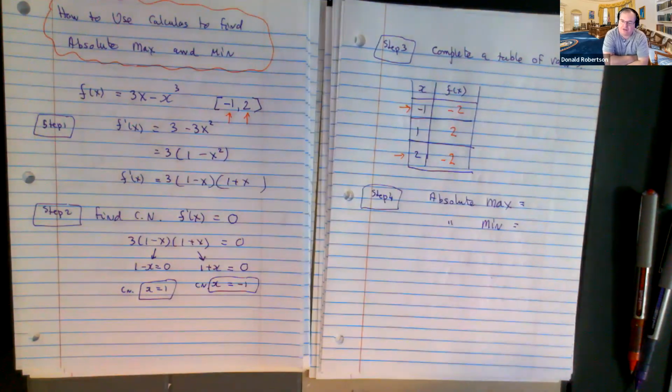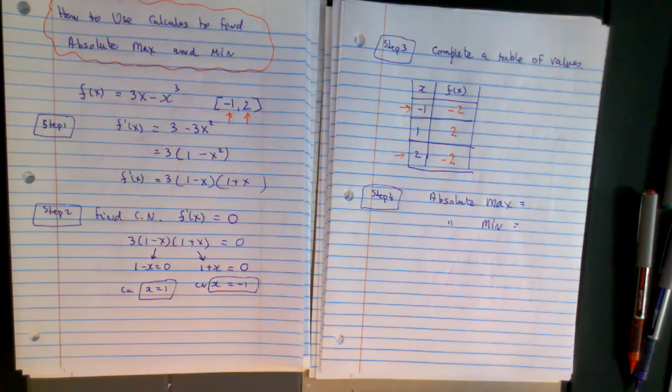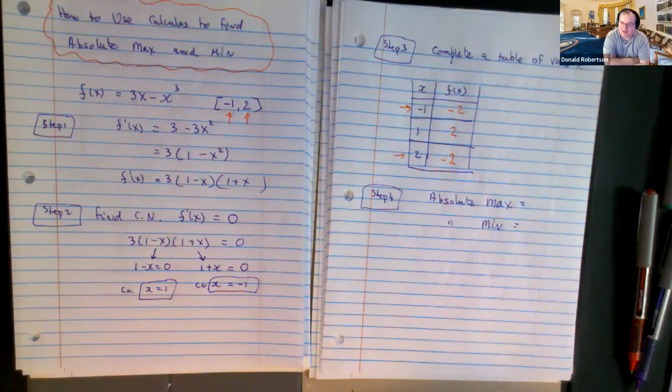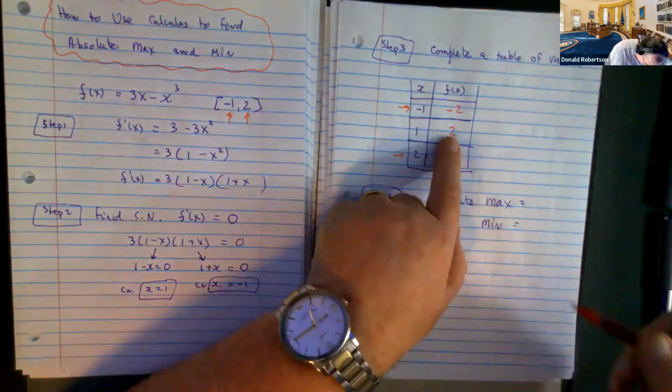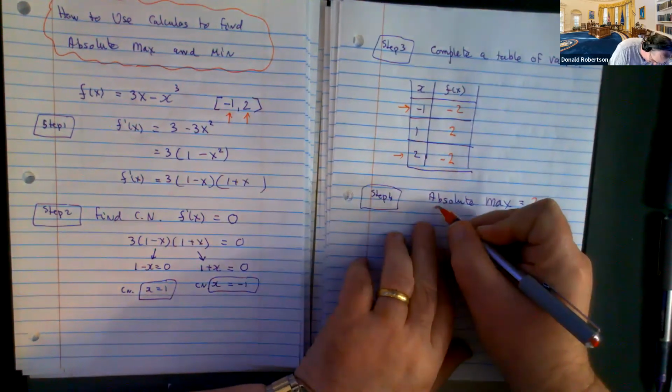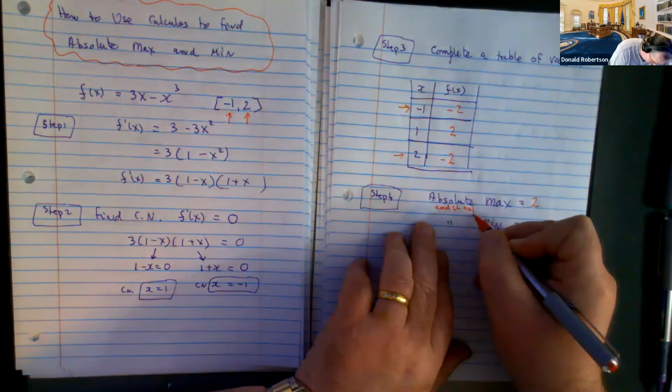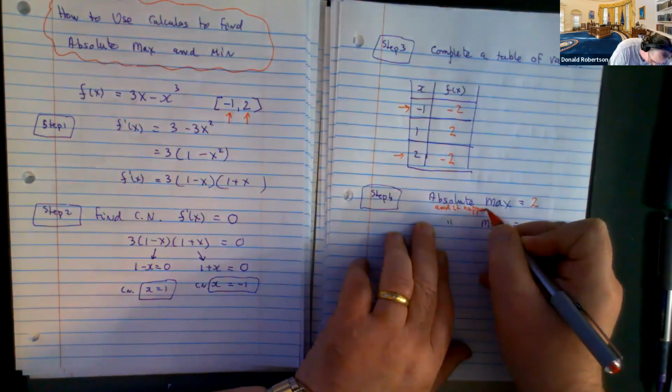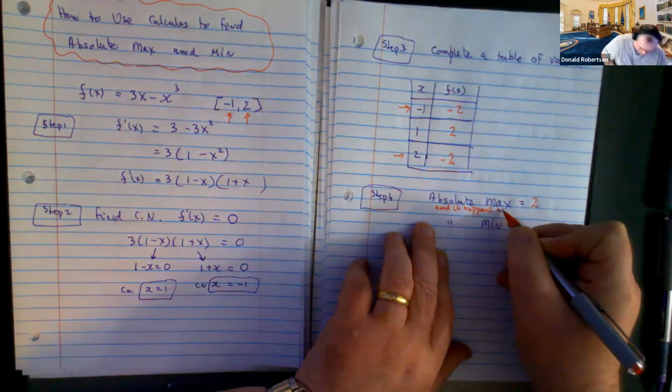What value of x do you get the biggest answer? -1 or 1. Okay, well, x equals 1. And isn't the maximum 2? So the absolute maximum value is 2. And it happens at x equals 1. Would you agree?